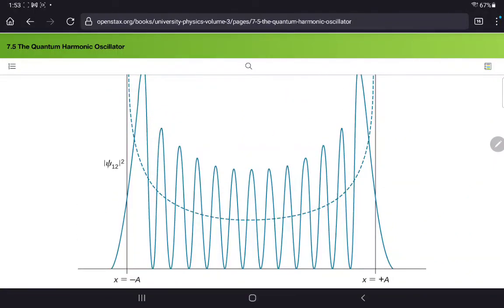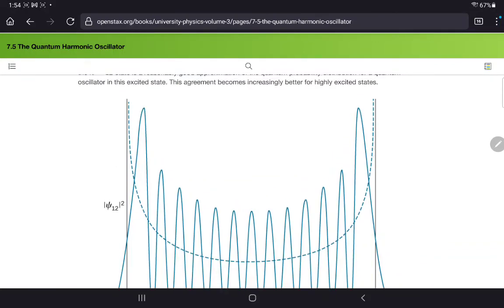Do you remember when I said that when the particle gets out towards its classical turning points, where it runs out of kinetic energy and slows down, that's where it tends to spend its time? So if you went to look for the particle, you're more likely to discover it near the endpoints than at the middle. The classical problem is the dashed line: if you just randomly look at a classical harmonic oscillator, you're going to have this probability density. But what's interesting is how similar the quantum problem's answer is to the very same question.